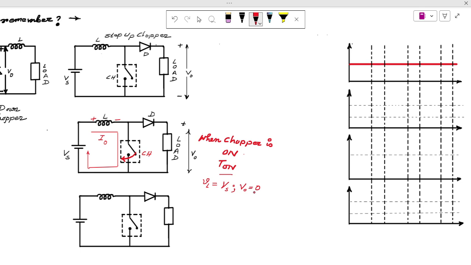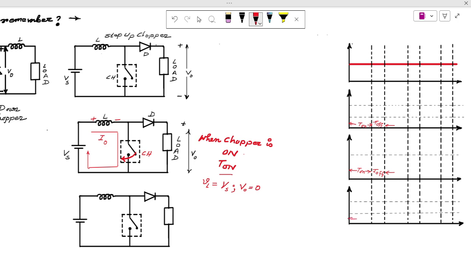Now consider the time axis. Suppose this is our on state and this is our off state. Similarly, this is for T on and this is for T off.